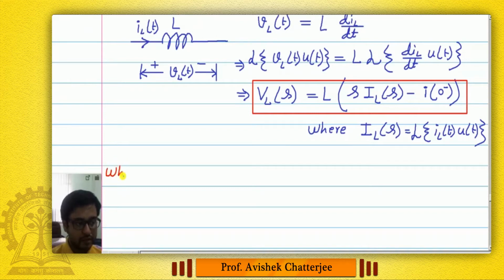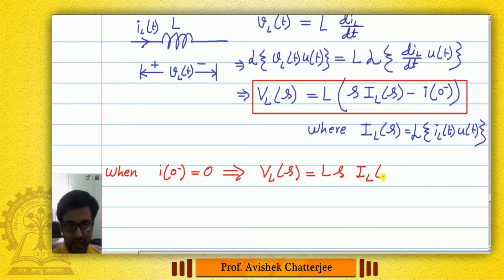Now, when I(0-) is equal to 0, that means the initial current through this inductor is 0, then we have VL(s) equal to L s multiplied with IL(s).